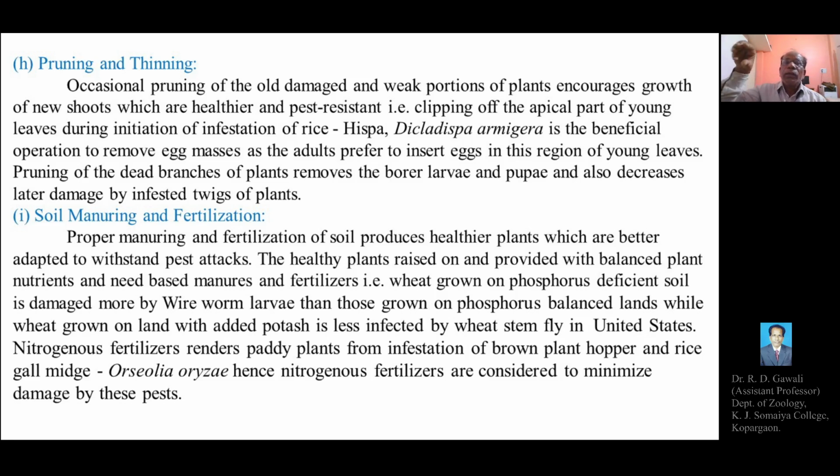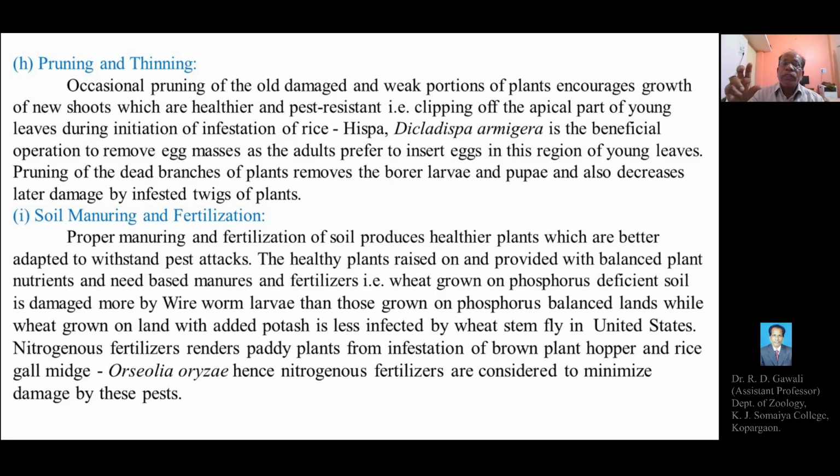So wheat grown on phosphorus deficient soil is damaged more by the wireworm larvae. So if we add phosphorus, ultimately the wheat crop can be protected from the wireworm larvae. Or the wheat grown on land with added potash is less infected by wheat stem fly.